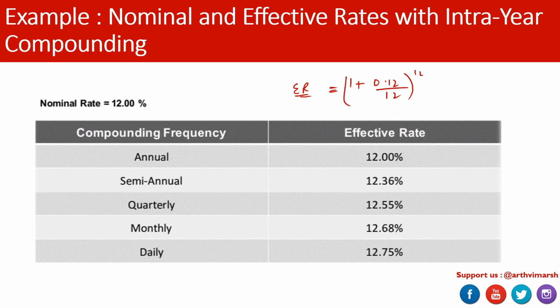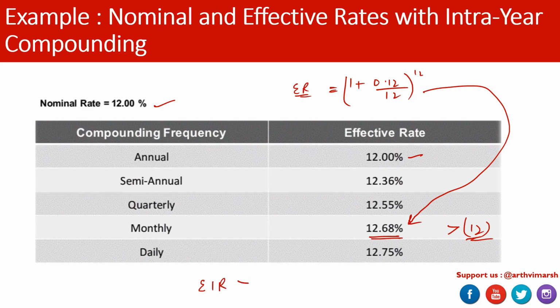The answer turns out to be 12.68, and definitely 12.68 is greater than the annual interest rate, which was given as 12 in the problem. Our nominal interest rate was 12, and our effective rate turned out to be 12.68, so the effective interest rate was greater than the nominal rate.